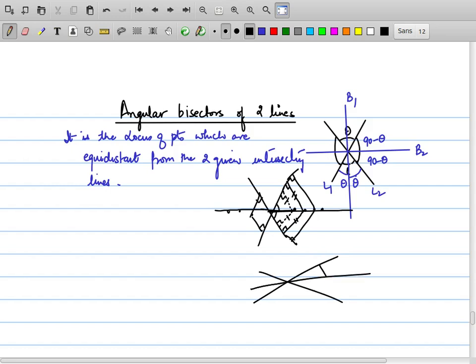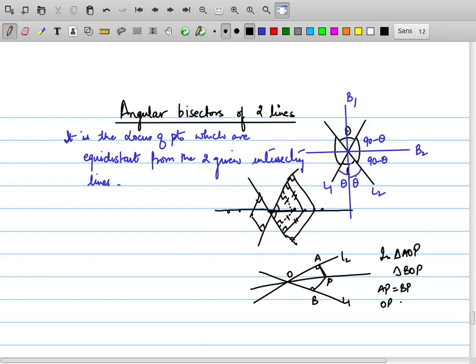If this is the line we are talking of and it is equidistant from these two lines, L1 and L2, let's say this is P, this is A, this is B, this is O. In triangle AOP and triangle BOP, we see that AP is equal to BP because the point is equidistant from both the lines.